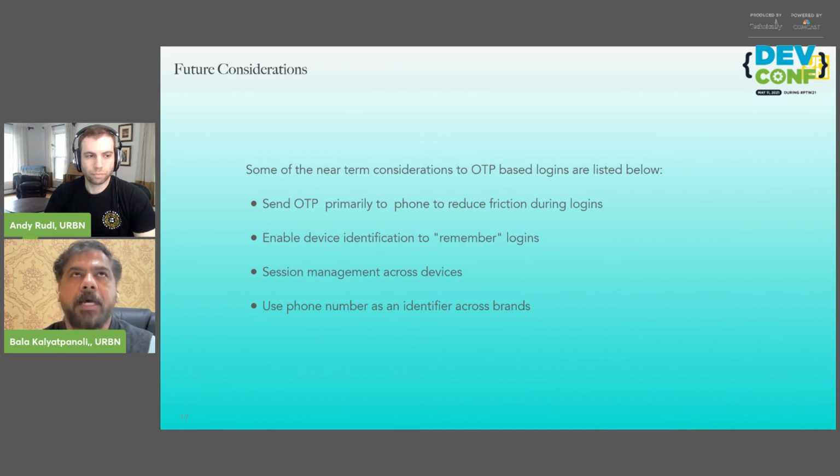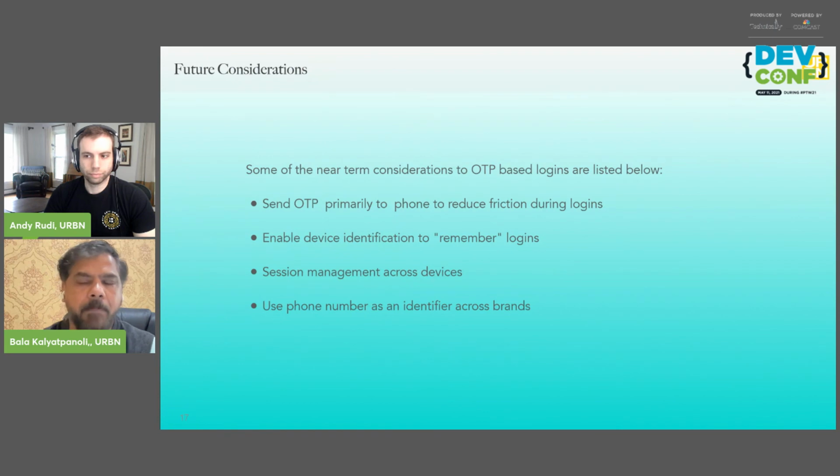We also want to allow logins to be remembered longer if we can somehow identify where they're coming from. And then once we do that, we also want to allow users to then say, I want to log off this device versus that device.